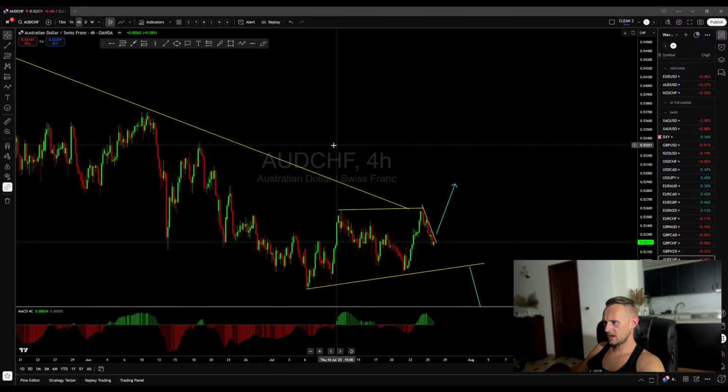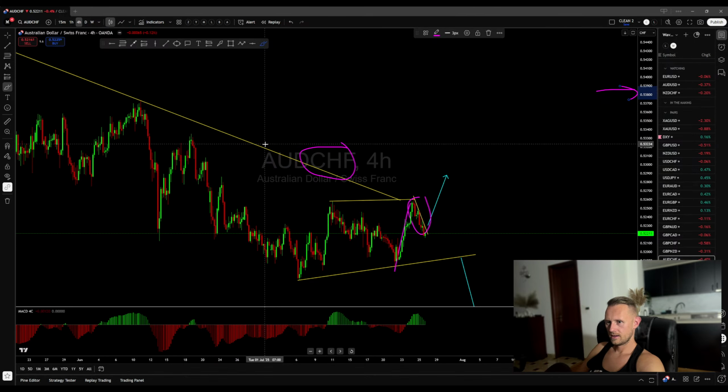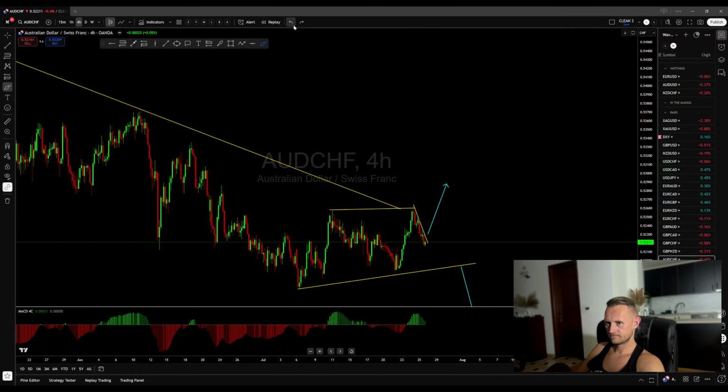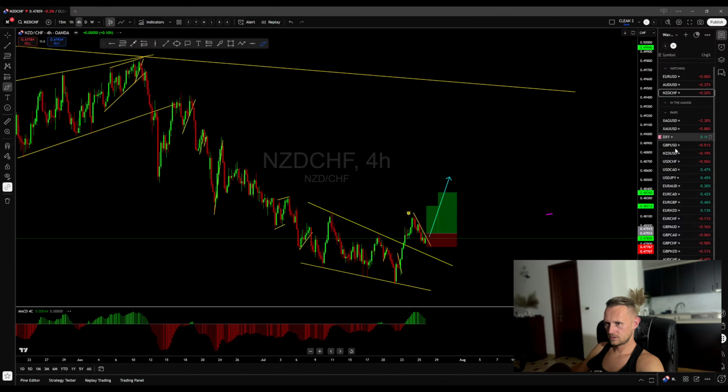The general chief across the market is giving me this kind of pullback. That's very interesting. So New Zealand chief has this kind of pullback, and Aussie chief.